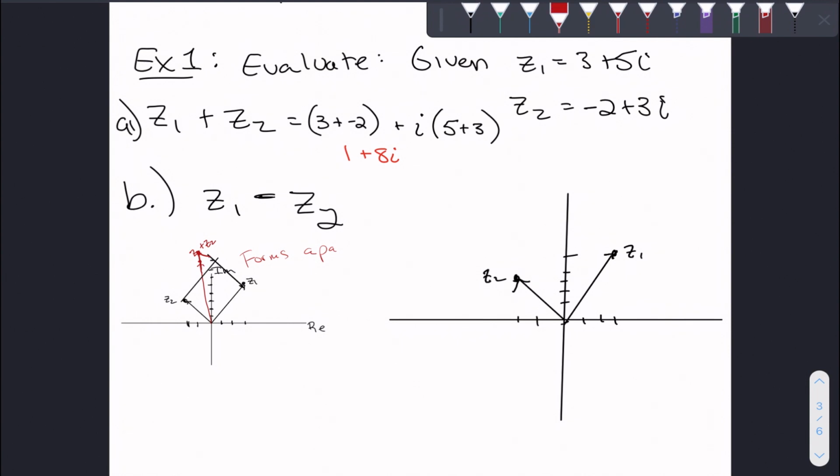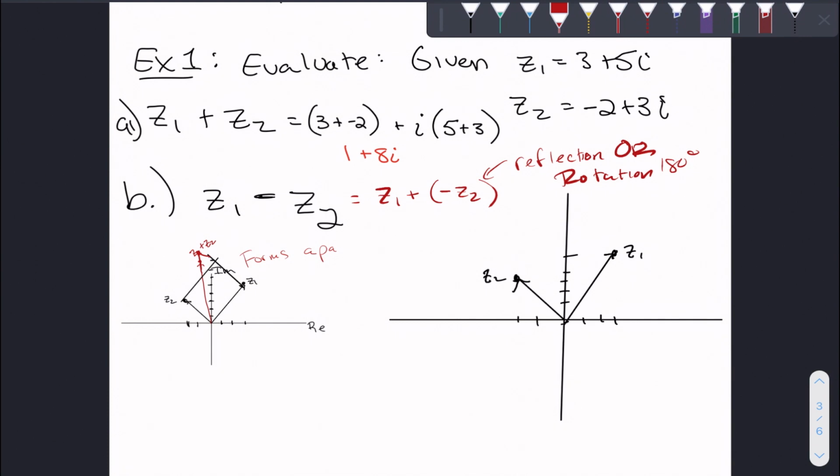If I'm thinking about subtraction in terms of addition, that would be z1 plus a negative z2, which means a reflection or a rotation of 180 degrees. That's what we're doing here.